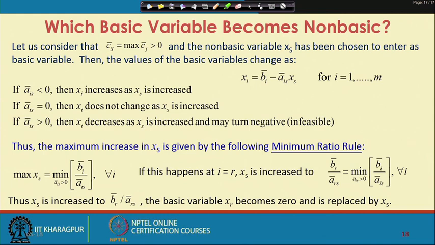So, to find which basic variable will leave basis, you have to find out bi bar divided by ais bar, and then you take the minimum of this. So, look at the row at which this minimum happens, and that will tell us which basic variable will leave basis. This will be more clear when you solve a problem.